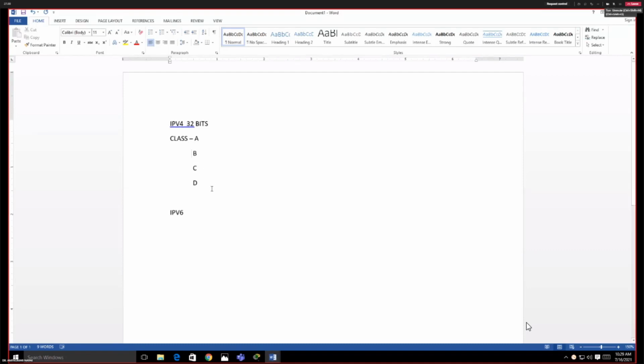Now, with each and every IP address, you have to be clear about the default mask. You should have the knowledge about the default mask, the default gateway, the host IP address and the network IP address.